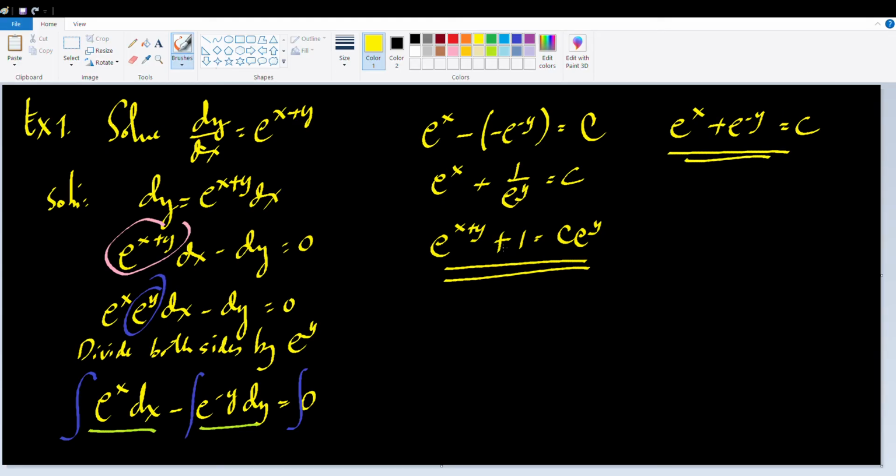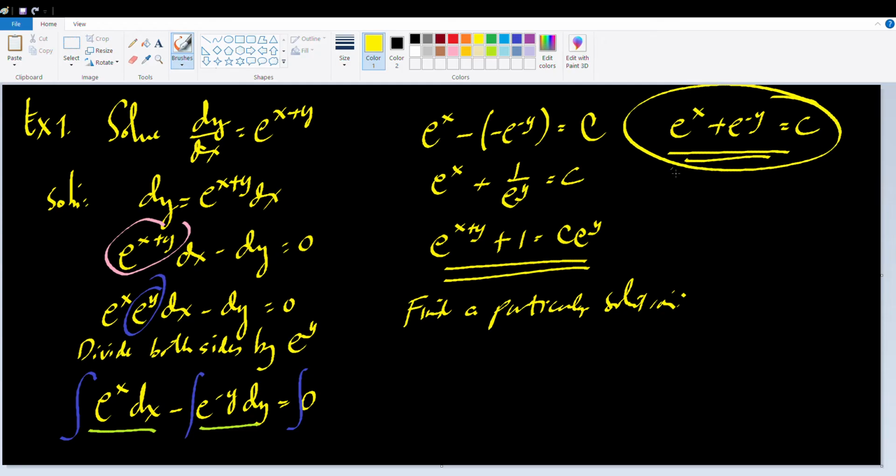Okay? Now, say you want to find a particular solution. To find a particular solution is to get a specific value of c for a given pair of coordinates x, y. Remember, this expression represents a family of curves.